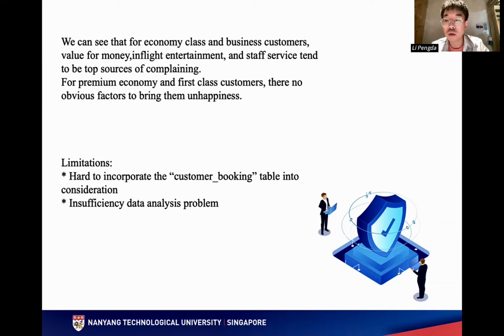Lack of merging two tables together also brings insufficient data analysis problems caused by the intrinsic lack of data source and methodology. Although we have drawn a number of conclusions from this approach, hopefully we may bring you enough findings from various perspectives based on the above three approaches. Thank you. That's all for our presentation.